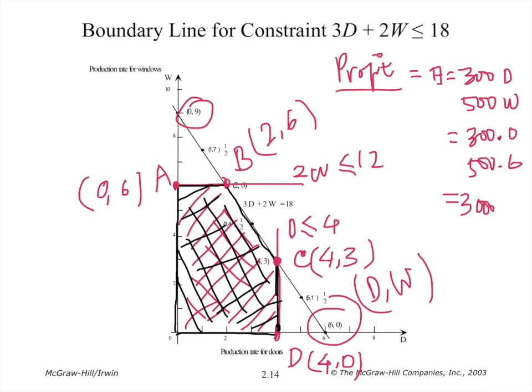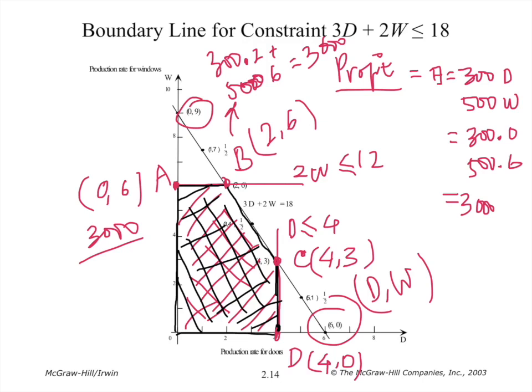Okay, the point A is 3,000. How about point B? Point B is 300 times 2 plus 500 times 6. That is equal to 3,600.